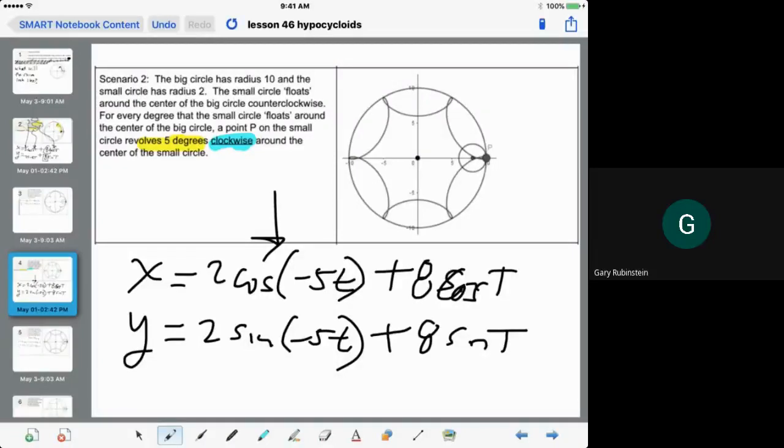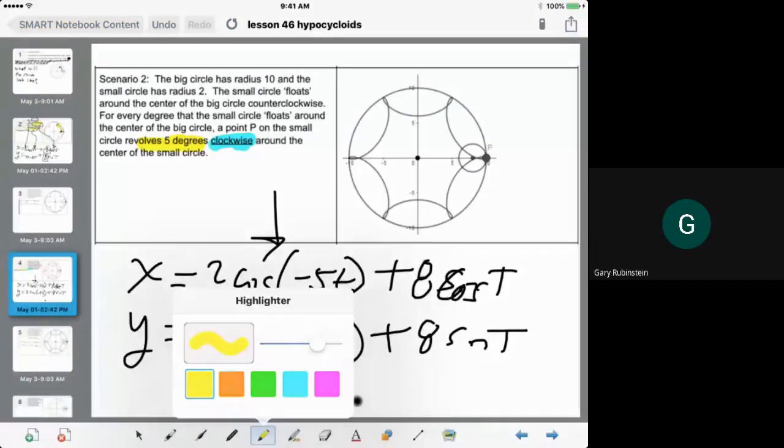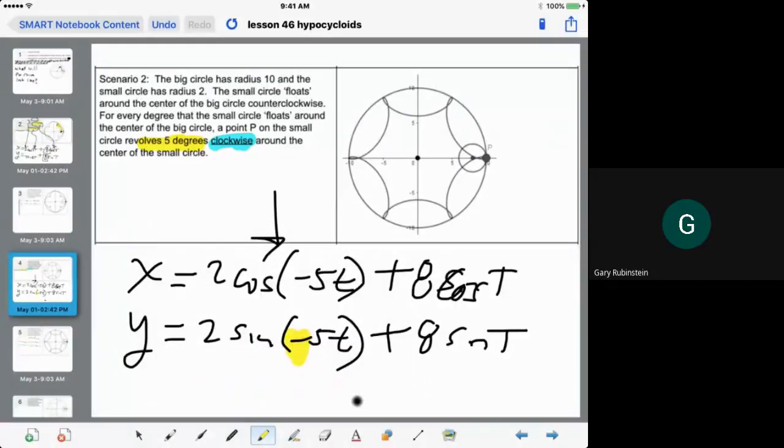So this negative sign is the main difference that's going on here. That little change makes the point on the circle rotate clockwise, because it's negative for clockwise and positive for counterclockwise.